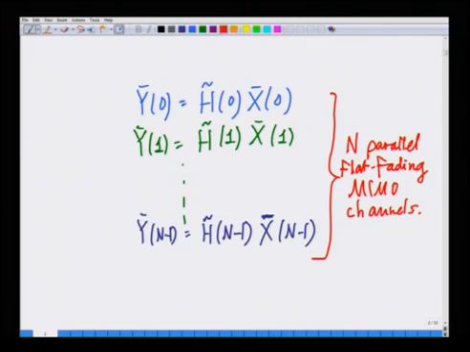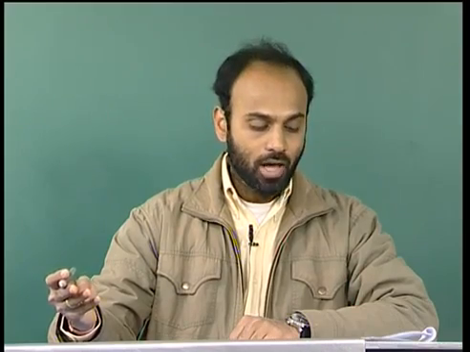And now what we can see is each y bar 0, y bar 1, so on up till y bar n minus 1, can be simply processed by the MIMO techniques that we had seen earlier, which were the MIMO zero forcing receiver or the MIMO MMSE receiver, for detection of the symbol vectors.